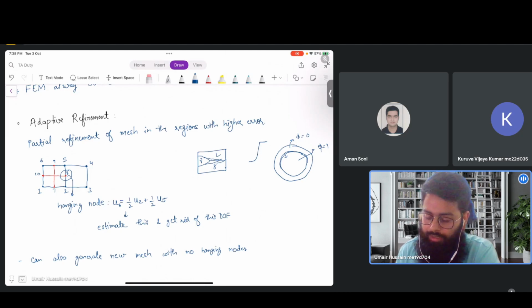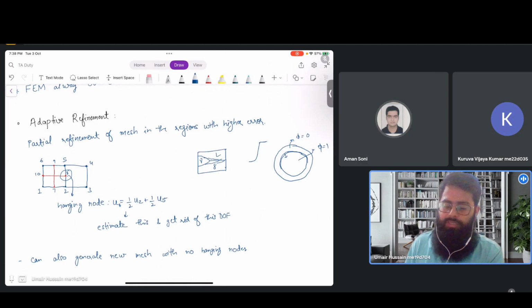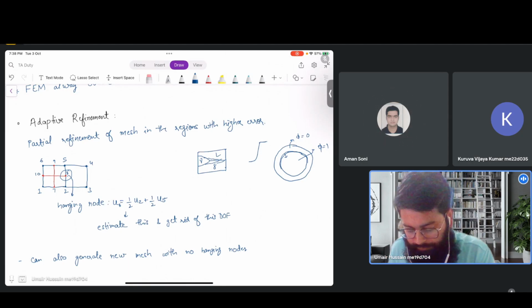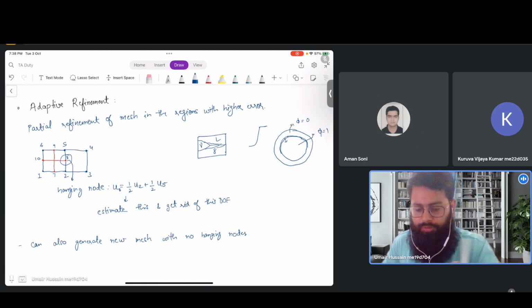They just assign its solution value by interpolating the solution values at the neighboring nodes. That's how most solvers deal with it. Another way of refining is to regenerate the mesh with a finer mesh wherever we want. If you want, we can do a little demonstration in Gmsh for that.